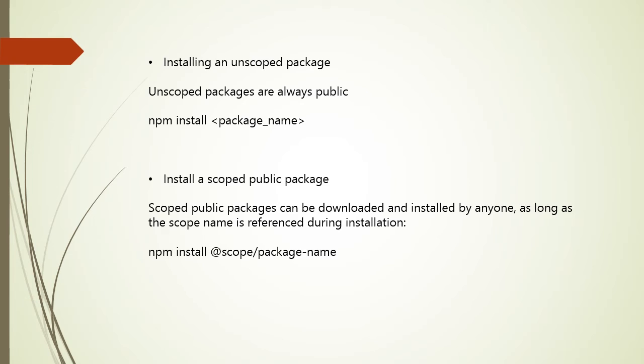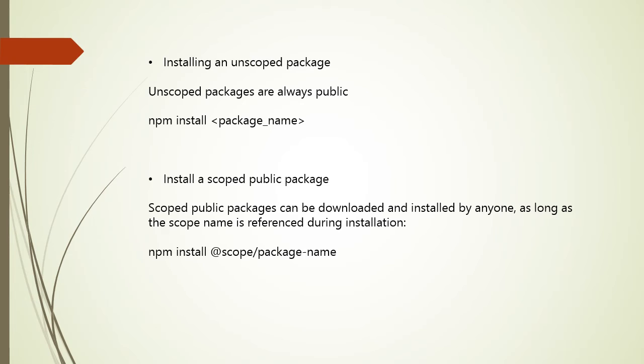Now if there is no package.json file in the local directory, the latest version of the package is installed. If there is a package.json file, npm installs the latest version that satisfies the semver version rule declared in the package.json.